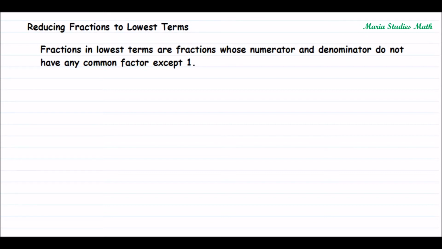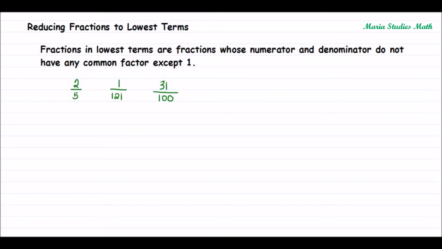Examples are 2 over 5, or 2/5, 1 over 121, or 31 over 100. These are all fractions in lowest terms because both the numerator and denominator do not have any common factor except 1. So how do we reduce fractions to lowest terms?